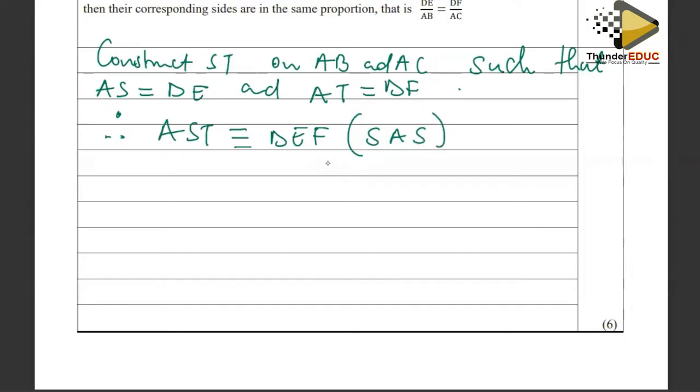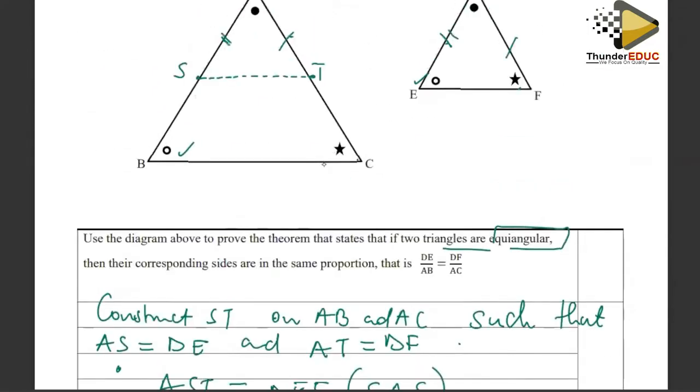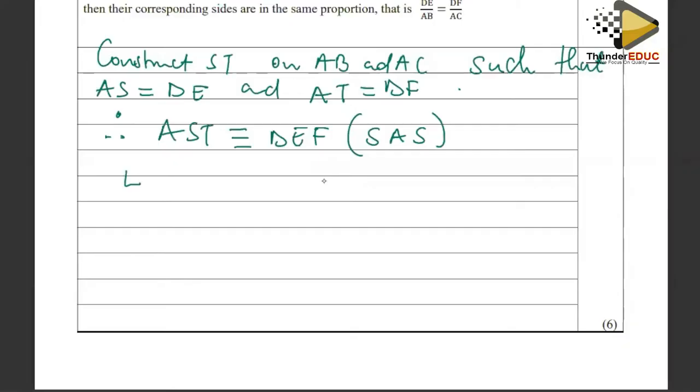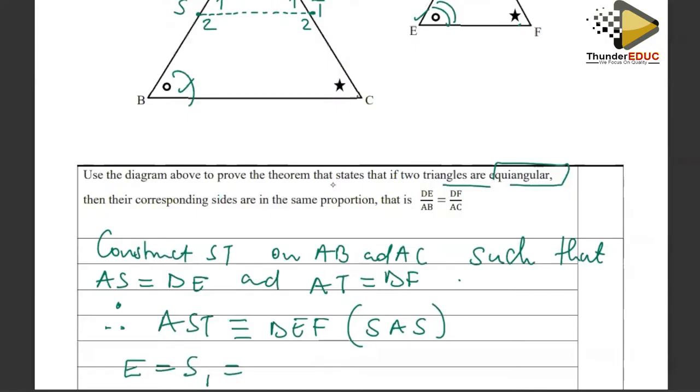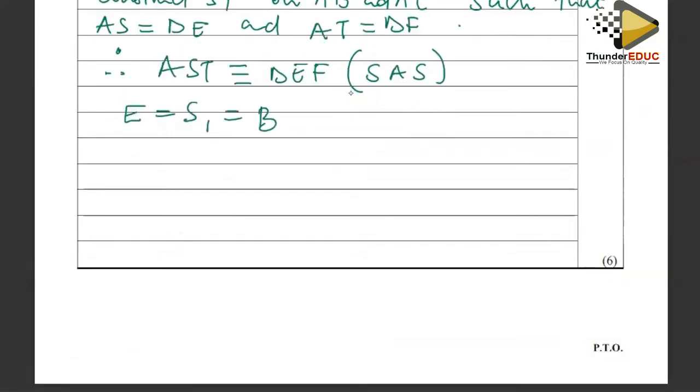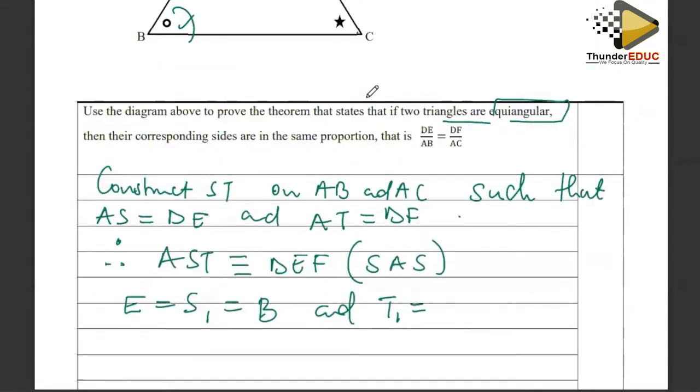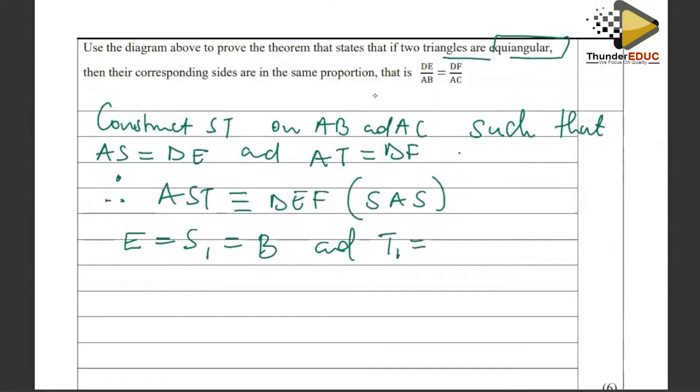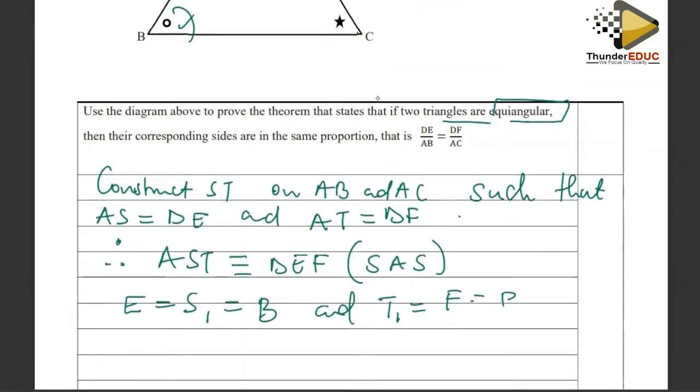Then we know that angle E is the same as, I can say this is my S1, this is my T1, E is the same as S1, which is the same as this angle here, B. And consequently, T1 is the same as that other angle F, which is the same as which angle? C.